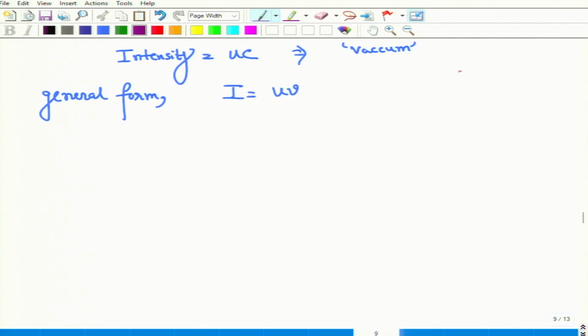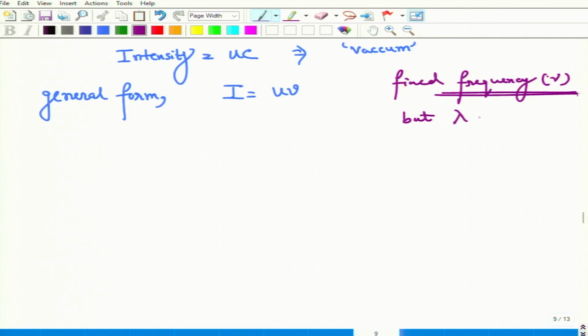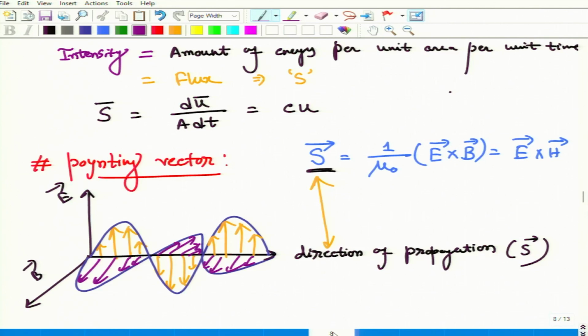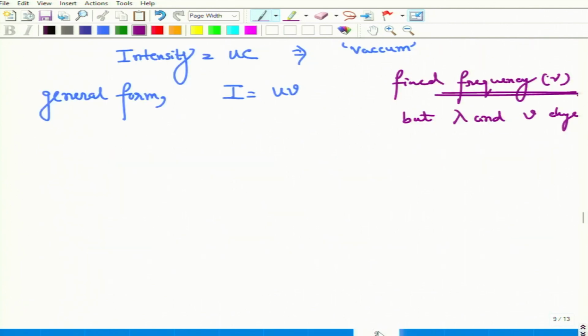As we discussed in the last class, if we change the medium, then the frequency nu of the wave is fixed, it will not change, but lambda and v change. That's why I wrote v here. So this is the general definition of the intensity.